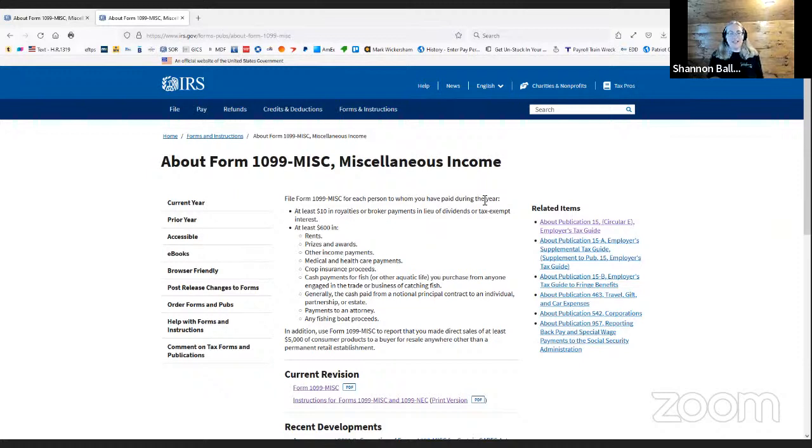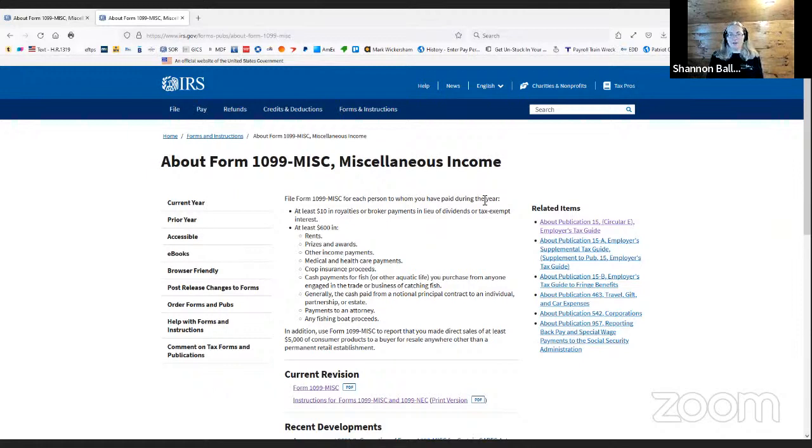In addition, you also use the Form 1099 Miscellaneous to report if you made direct sales of at least $5,000 of consumer products to a buyer for resale anywhere other than a permanent retail establishment.